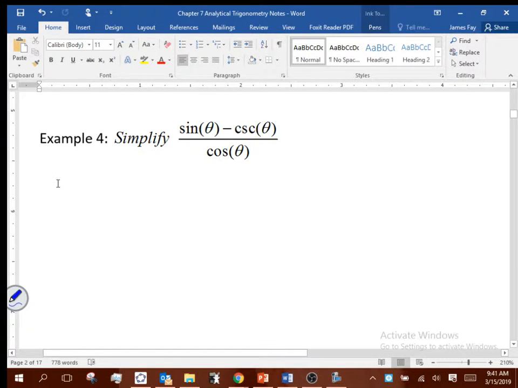If I knew sine, let's say sine was, it's not going to evaluate, sine will never evaluate to this, but let's just say that this term here was like 3. Minus then this term. Now, cosecant, I know that cosecant is 1 over sine, right? So let's say that this was 1/3. Does that make sense?